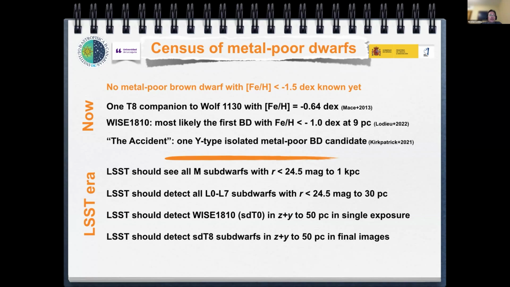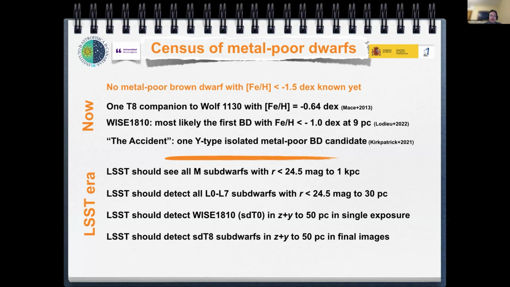And then we have WISE 1810, which has a metallicity of minus 1 dex, or maybe a bit lower, and that we put at 9 parsecs, thanks to some trigonometric parallaxes that I will present later. And then we have the Accident, which is possibly the first isolated metal-poor T-type brown dwarf, though it remains a candidate.